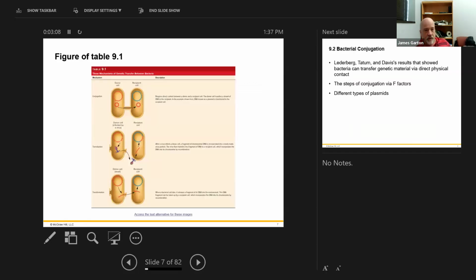So there's conjugation. Conjugation requires direct contact between two bacteria. There's transduction. A lot of times, when viruses infect cells, a virus will incorporate its genetic material into its host cell's genome. And sometimes, when that viral genome extracts itself from its host cell, it pulls some of the host's DNA with it.